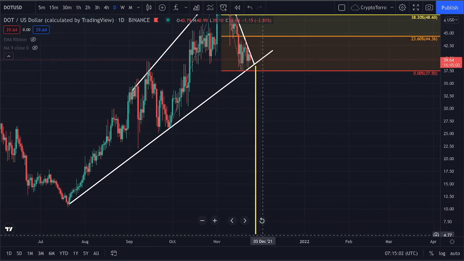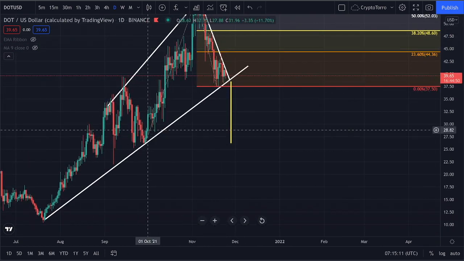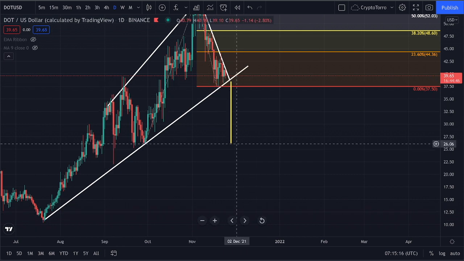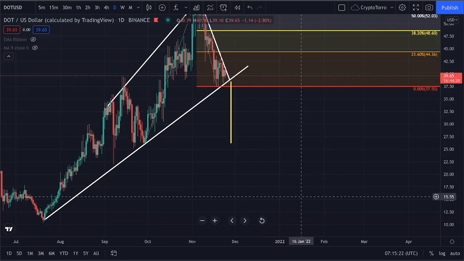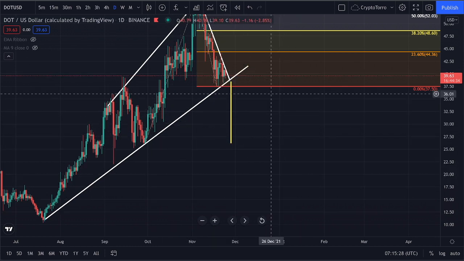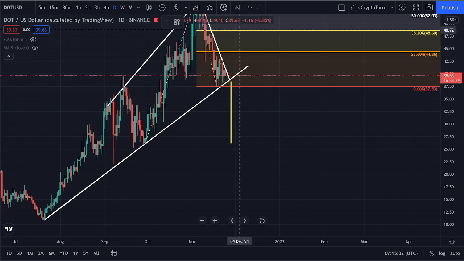Once you measure a broadening wedge breakdown, it will be measured all the way towards the first touch point of this ascending support, and this would mean that we are going to see a decline heading towards the $26 range if we do see a breakdown. Unfortunately, I do not have the right Fibonacci placed, but this is a quite accurate breakdown if we do see a breakdown outside of this broadening wedge.